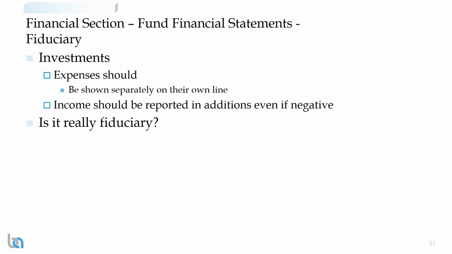They are not truly being held for a third party for a service that's external to your primary government. So you have to ask the question, is it really fiduciary? GFOA can only go by what's written in the note disclosures, but it's something to evaluate every year, especially if you have a new fund and you're trying to ask that question. All right.